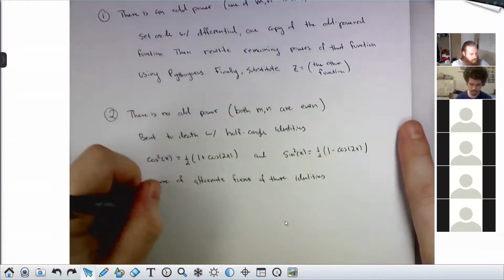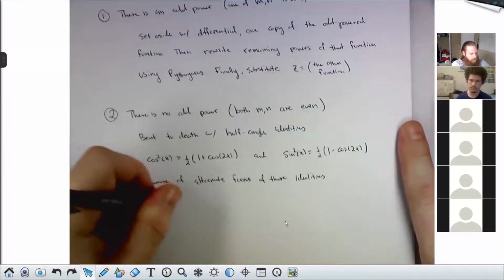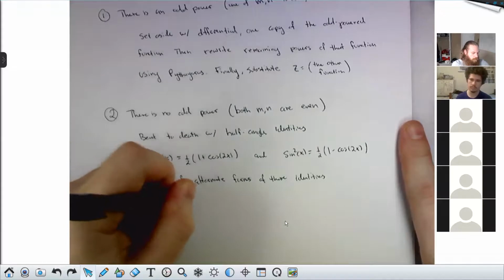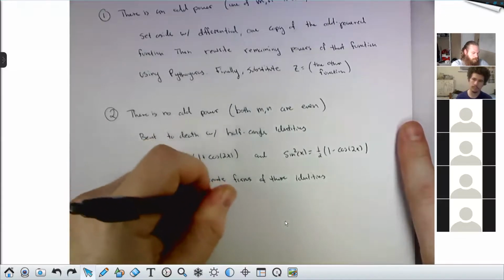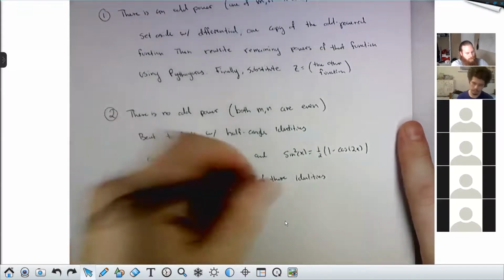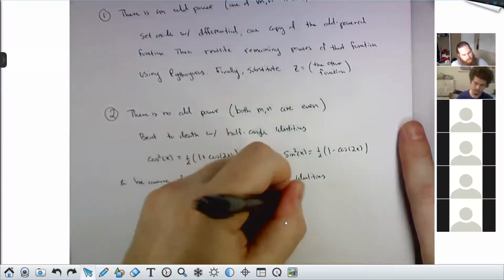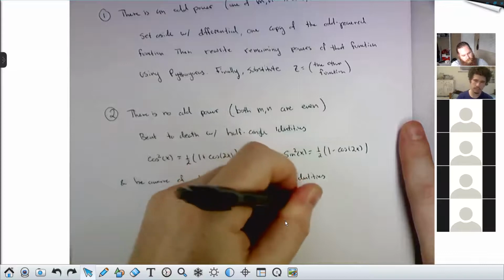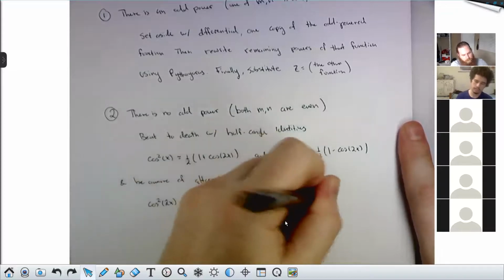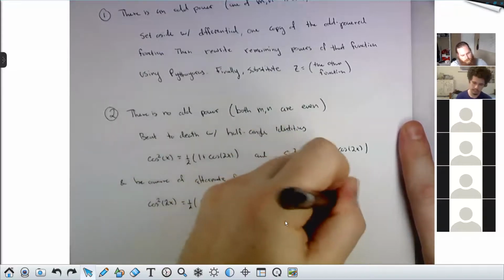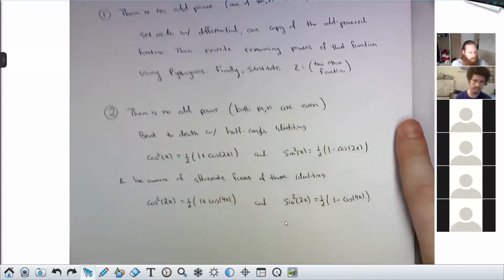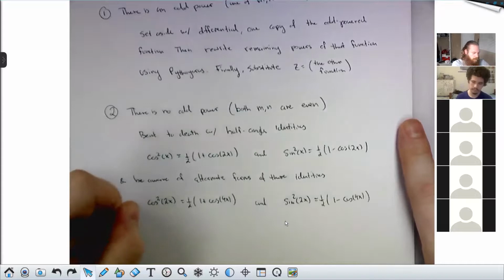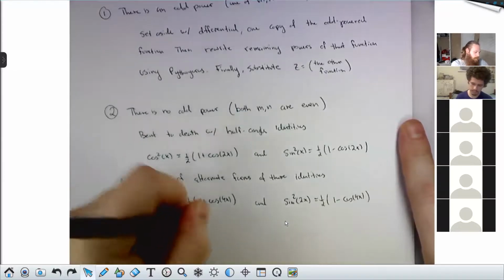Like cos squared of 2x equals 1/2 (1 plus cos 4x), and sine squared of 2x equals 1/2 (1 minus cos 4x). And use algebra. And micro u-subs.